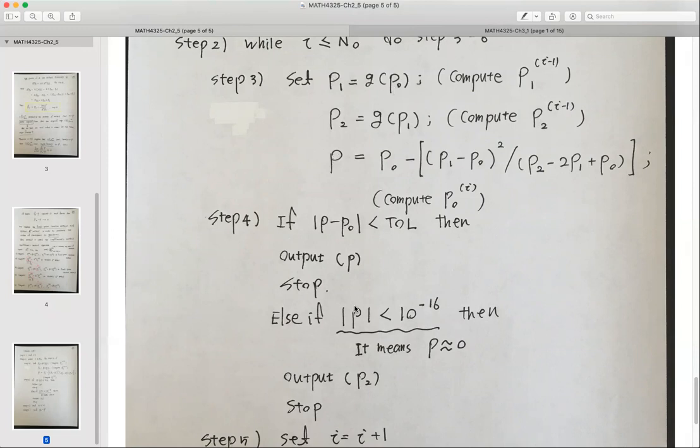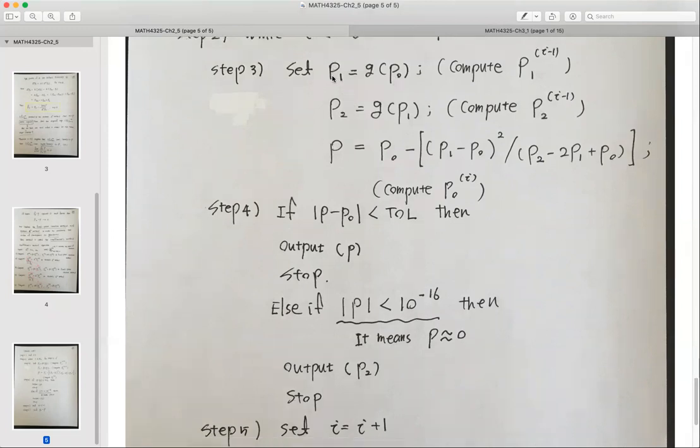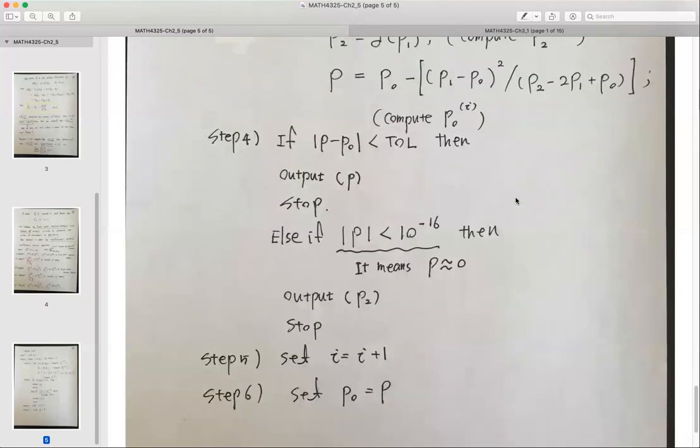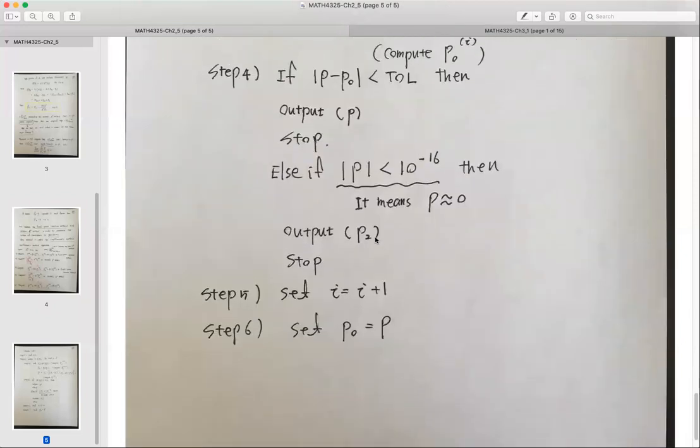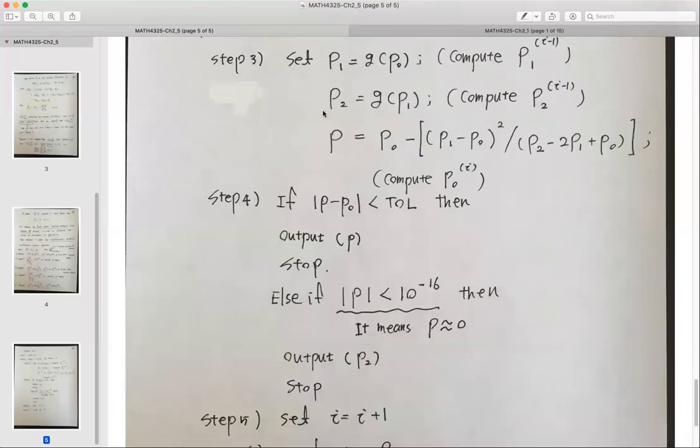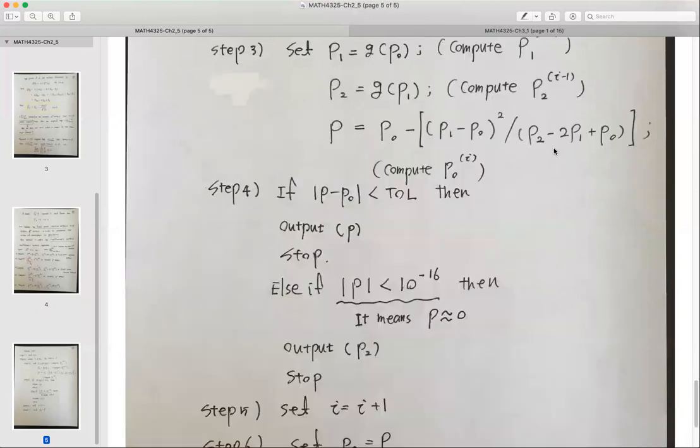If P0 hat is 0, then P1 is going to be 0, P2 is going to be 0. In the next iteration, P1 and P2 will be 0, so we're going to get 0 in the denominator. That's a big problem, right? So we output just P2, since we cannot calculate the P0 hat if the denominator is 0. We cannot figure out the P, so we stop implementing Aitken's method, and then we just return P2.